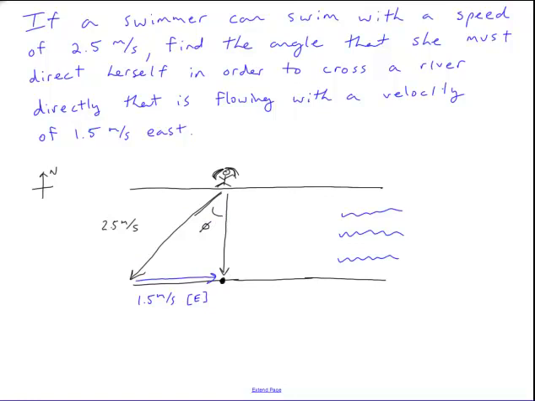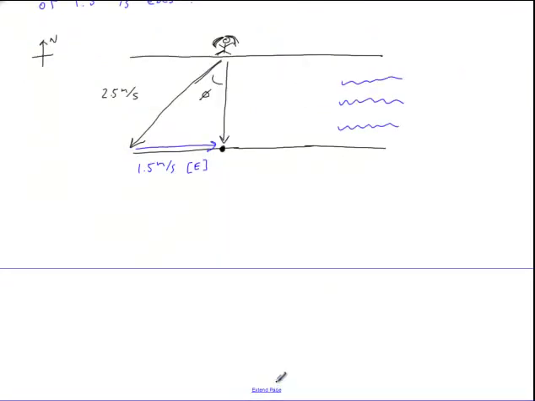So we're going to use SOHCAHTOA, and let's use values that we already have. 2.5 is the hypotenuse, and 1.5 is opposite of theta, so we have opposite and hypotenuse. So let's make it easy on ourselves and use sine. Opposite is 1.5, and hypotenuse is 2.5.